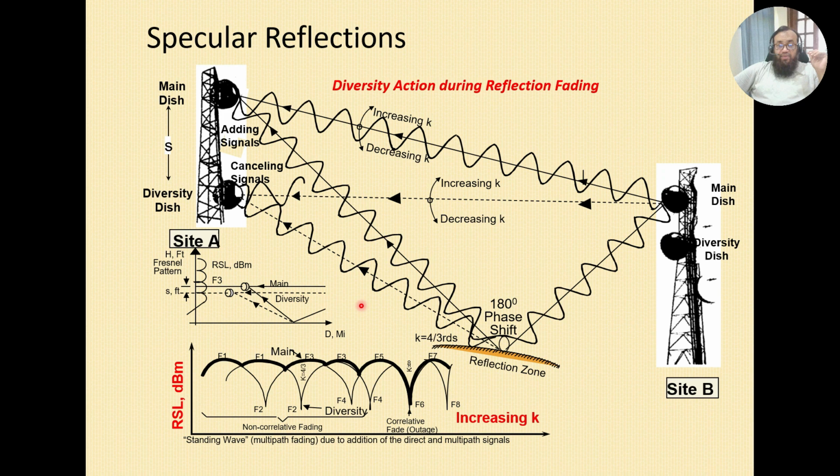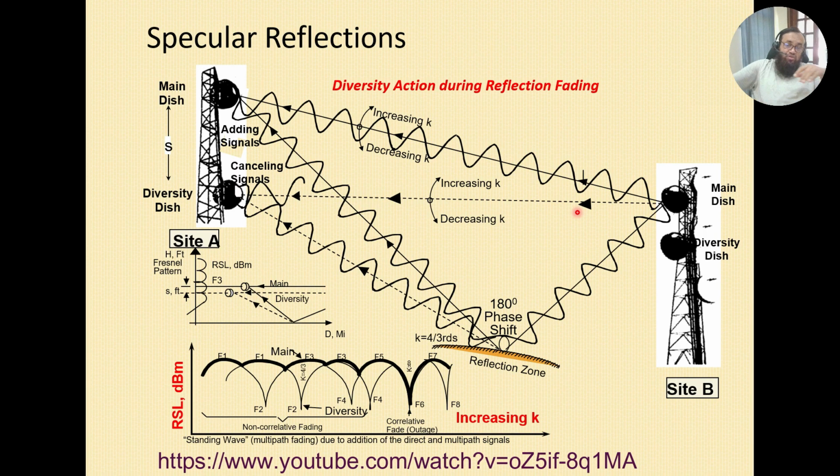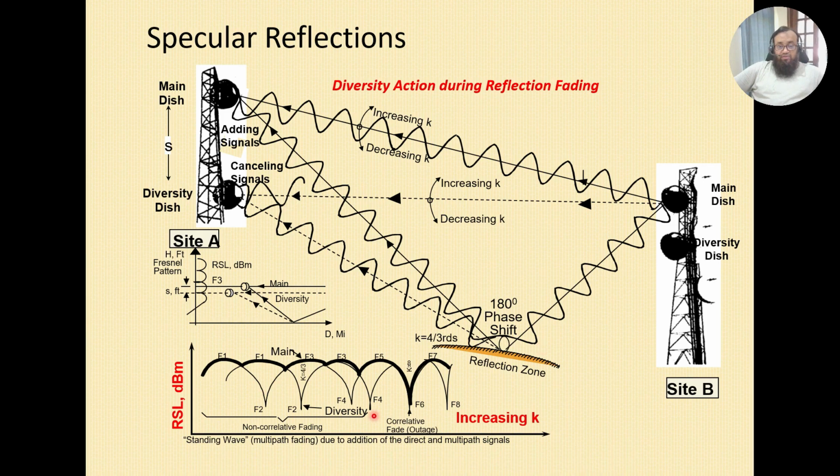So I hope you should be able to understand this picture. And as I told you, I already have some videos where I have talked about this part of the picture, where we use path loss for calculating the specular reflection, and we use ray tracing and some tools within path loss, and they give us the same kind of diagram.